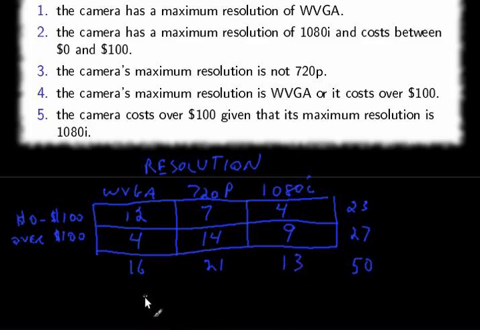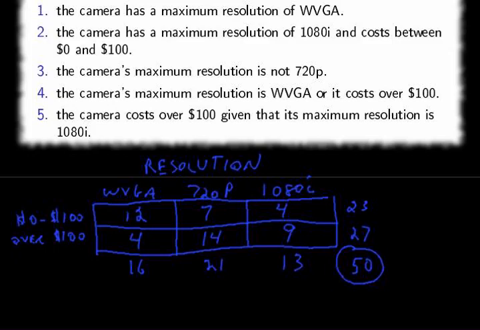And just to double check, we'll add the column totals and make sure we get the total. 16 and 21 is 37, and 13, indeed, that's 50. So our contingency table looks good, and we can get on to the questions.